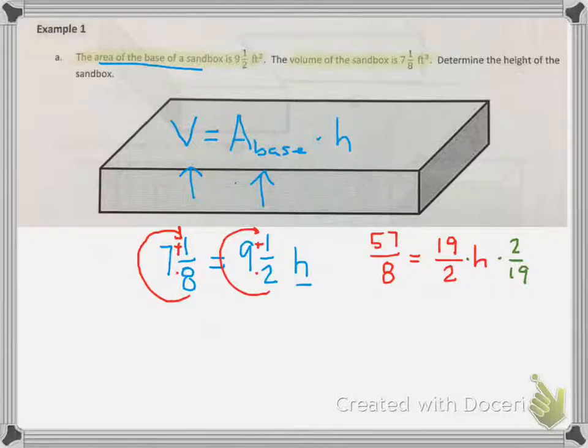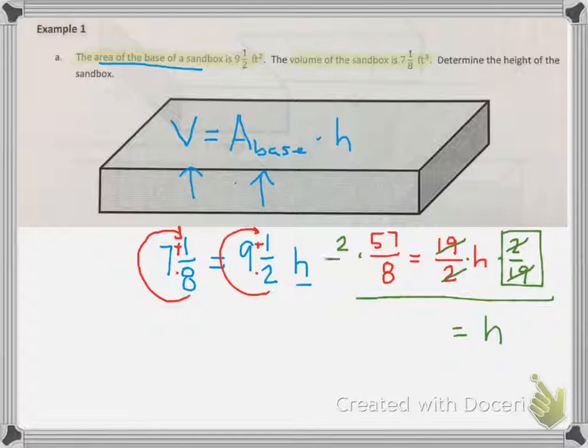And that allows me to cancel out the 19s, cancel out the 2s, and I get what I want, which is h isolated. But remember, whatever I do to one side of the equation, I have to do the exact same thing to the other side of the equation. So I'm going to multiply by 2 19ths on the other side.